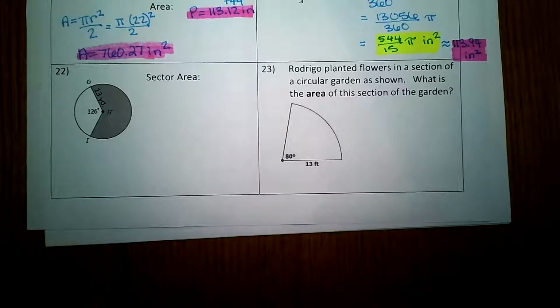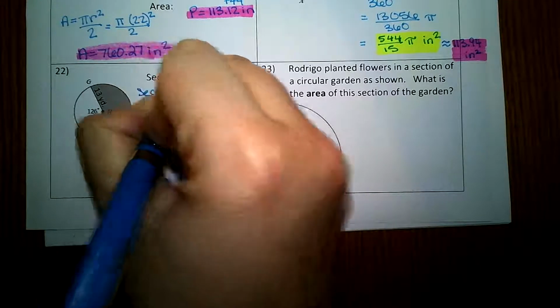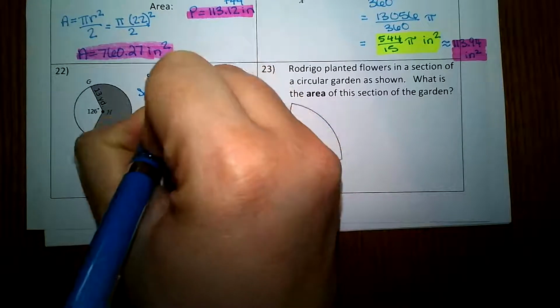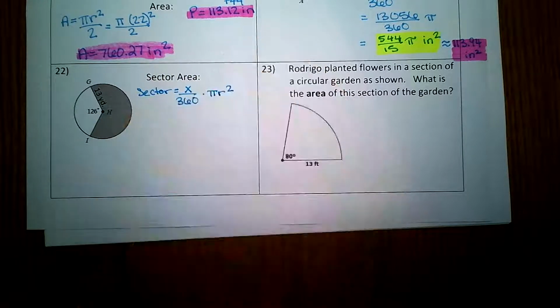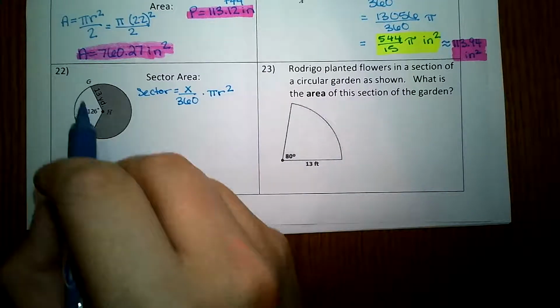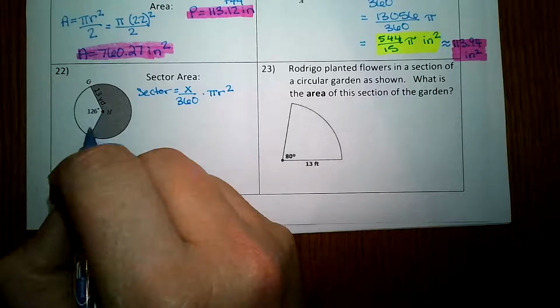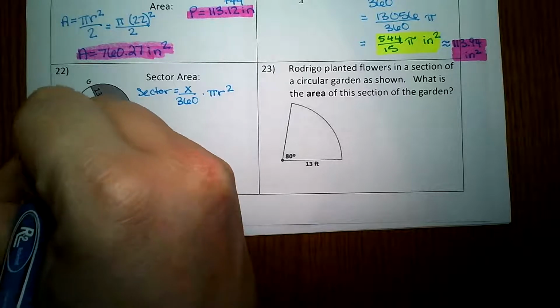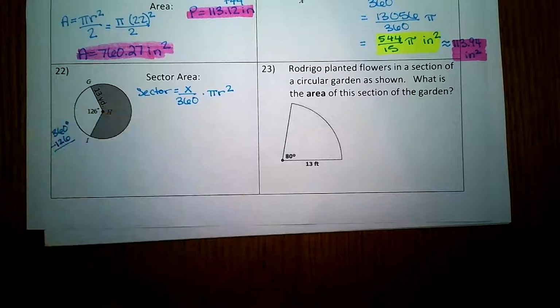All right, in number 22, I always like to write the formula first. Sector area is the angle degree out of 360 times the area formula, pi r squared. So be careful here. I don't want to use 126. That's not my shaded sector. There's 360 degrees total in a circle, and the 126 is used for the white zone.